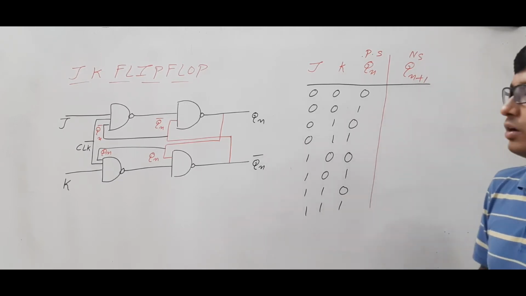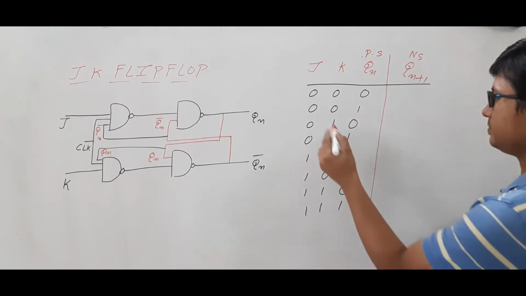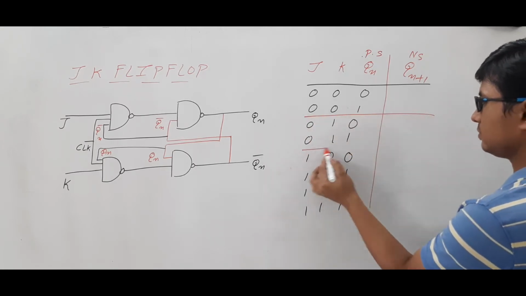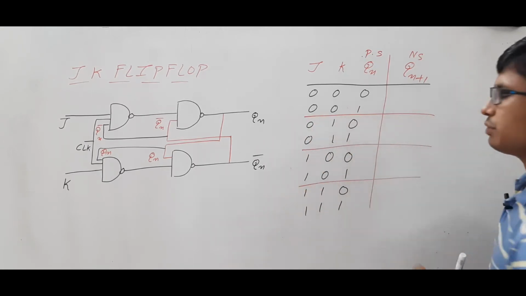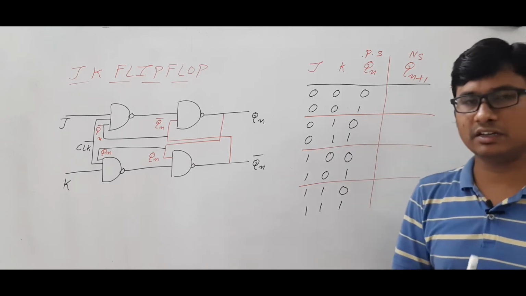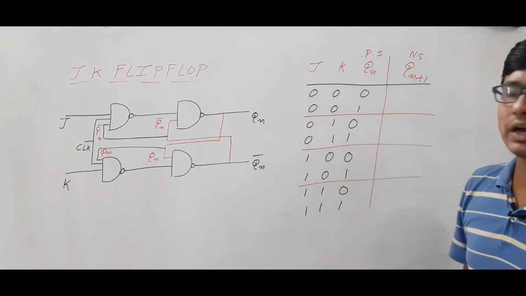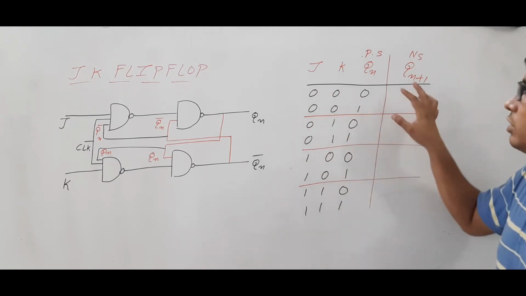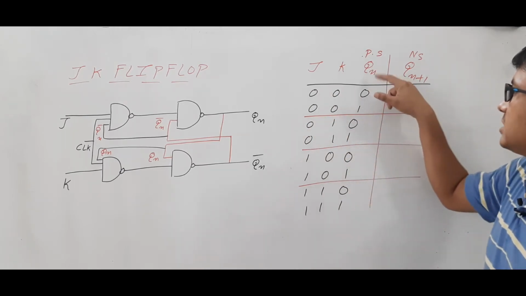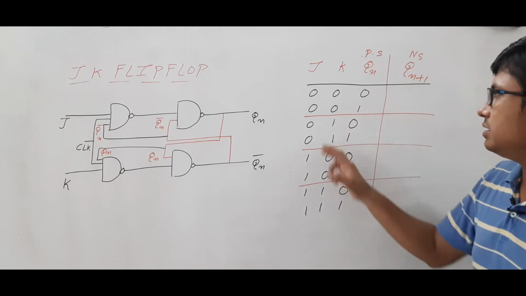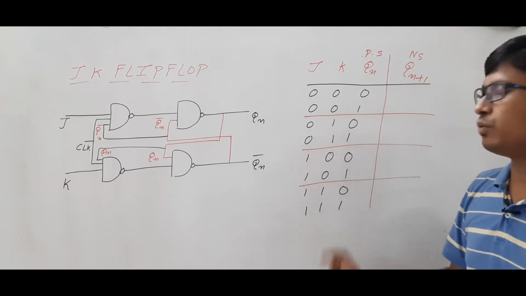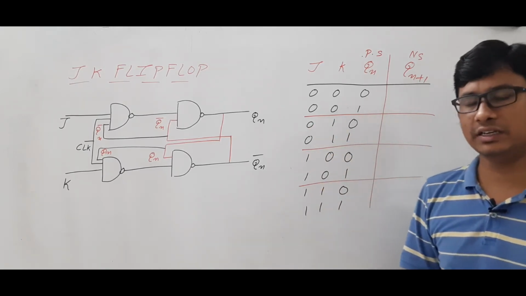So totally I got the 8 combinations. Now, similar to what we discussed in the SR flip-flop, for each case, when J and K are 0, 0, what will be the next state? The present state can be 0 or 1. Similarly 0 1, 1 0, 1 1, all these things we will discuss in detail.